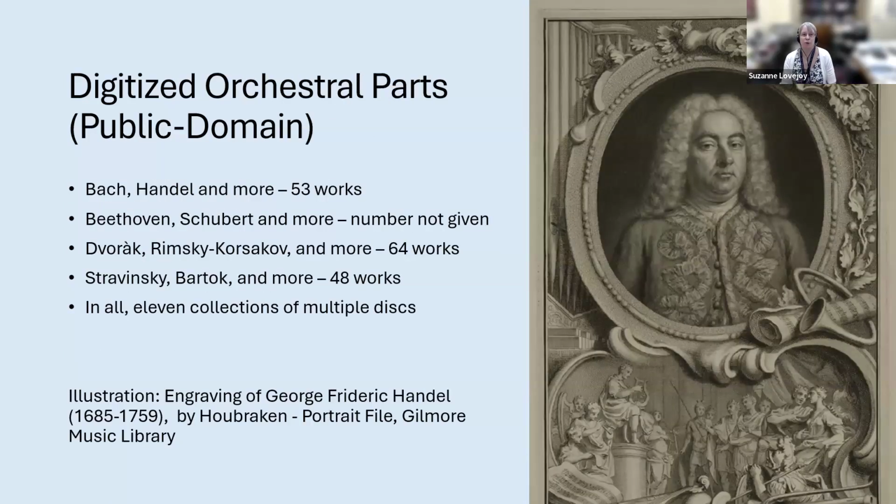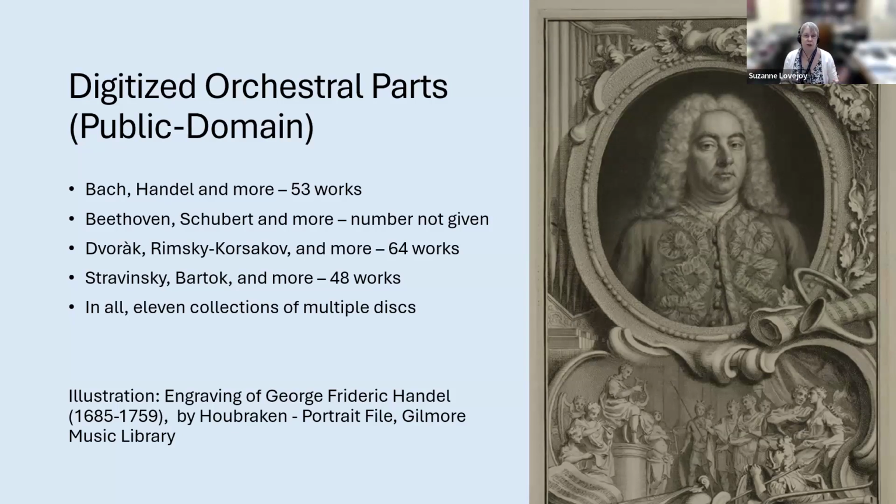Digitized orchestral parts. These were really important when they came out because music libraries do not generally collect orchestral parts. At Yale, for example, we collect the parts for chamber music, and a part is what you would hand out to an individual musician in an ensemble. So it's just showing the music for that instrument, as opposed to the score, which would show all of the instruments one over the other.